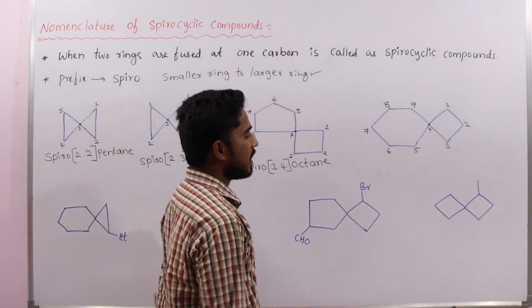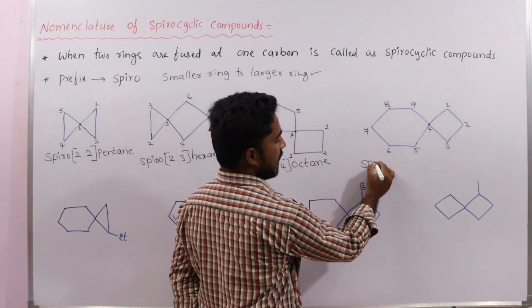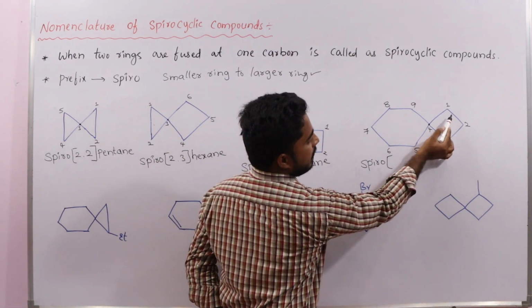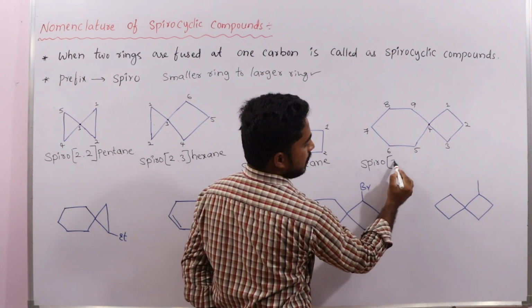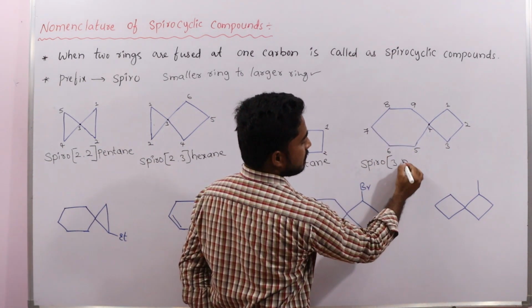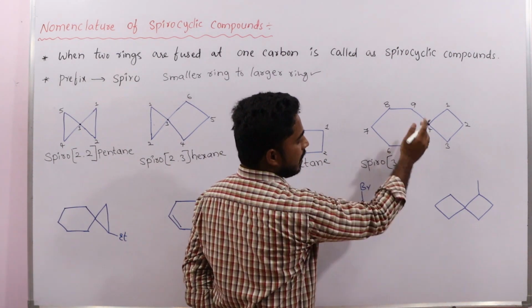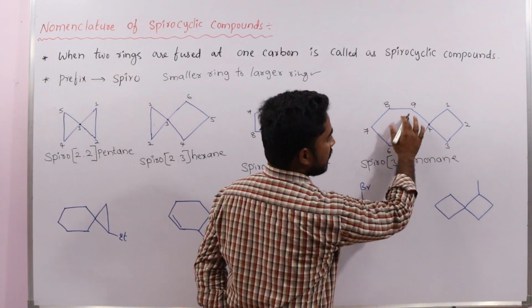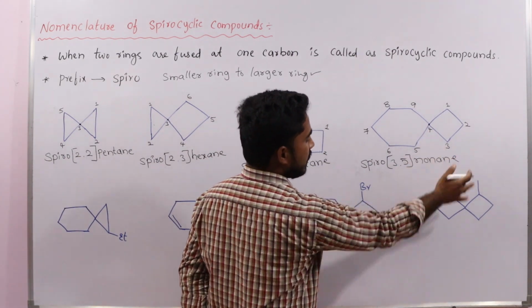Total 9 carbons are there. Then the prefix is spiro in brackets. The smaller ring has 3 carbons, 3 dot, the larger ring has 5 carbons, 3.5. Total 9 carbons, that's the root word non, so nonane.